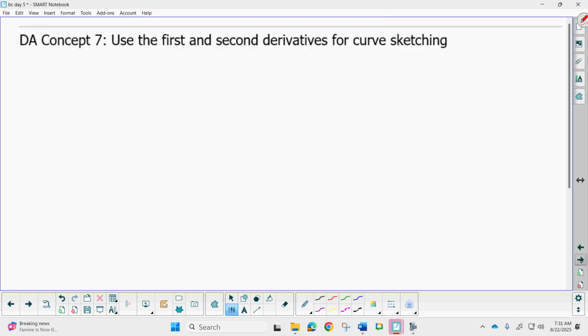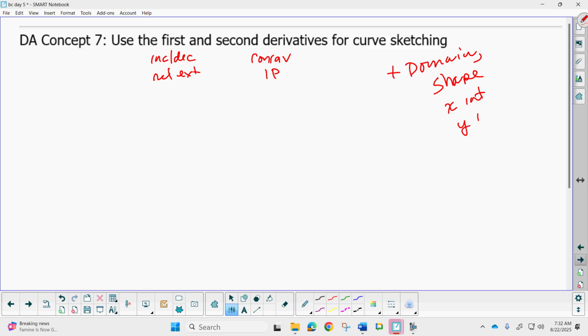All right. Curve sketching: you use the fact that the first derivative tells you increasing or decreasing and extrema, and the second derivative tells you concavity and inflection points, and you can get a really good curve sketch, plus knowing basics of pre-calculus like domain, shape of the graph like a cube or something like that, x-intercepts, y-intercepts.